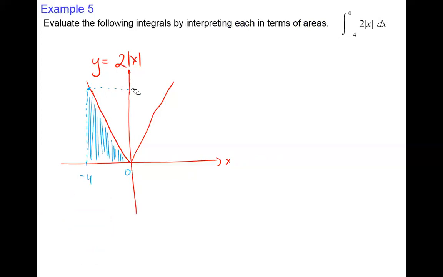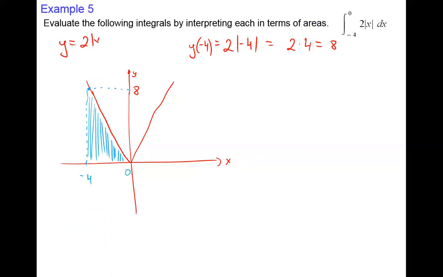And what is the corresponding value, because we will need it for the height of the triangle, what's the corresponding value of the function at -4? I can substitute -4. 2 times absolute value of -4 is +4, it's 8. And I can place my function here. And the value is 8.